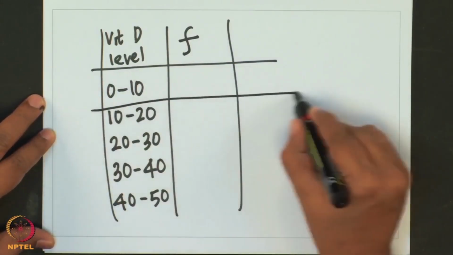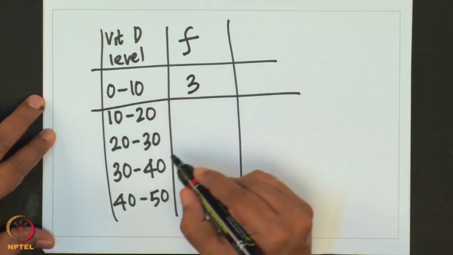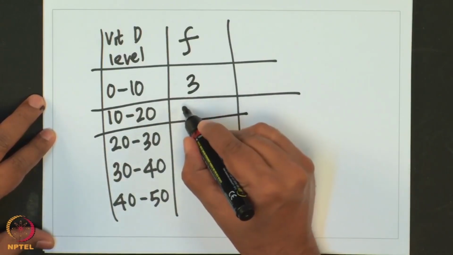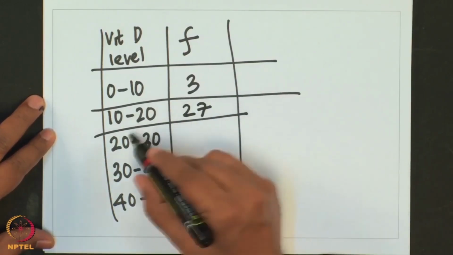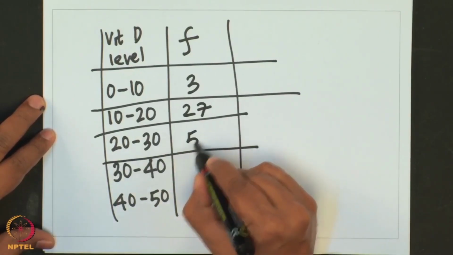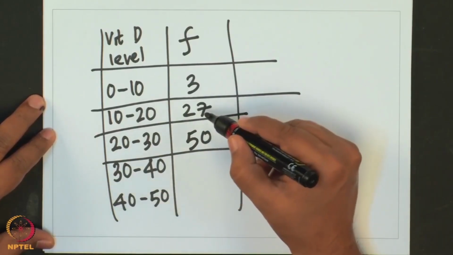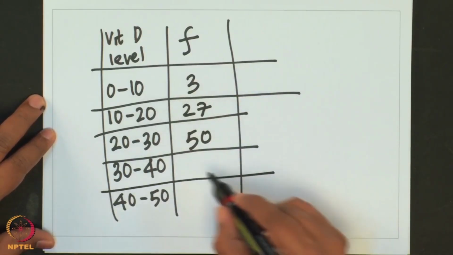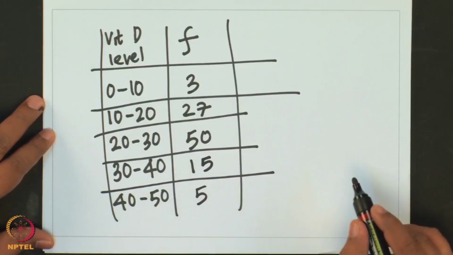So, the frequency for 0 to 10, let us say 3 people have between 0 and 10, and let us say 27 people have between 10 and 20, and let us say 50 people have between 20 and 30, and let us say 15 people have between 30 and 40, and 5 of them have between 40 and 50.